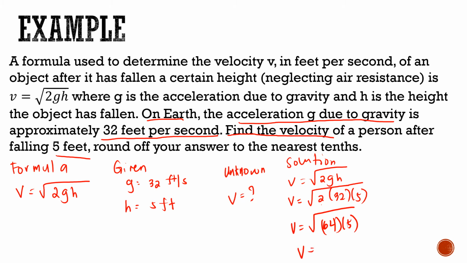V is equal to the square root of 320. Now, since our answer should be written in decimal, we need to make the radical into decimal. So the velocity now is 17.9 feet per second.